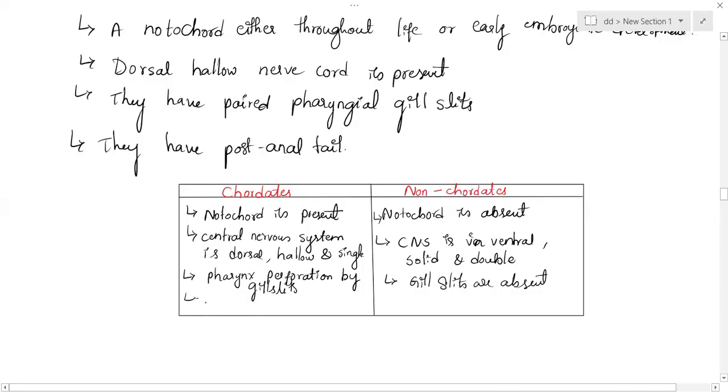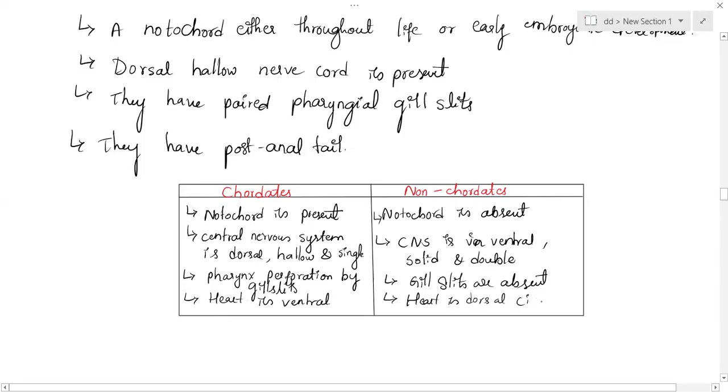Next, here the heart is ventral. Whereas in the non-chordates, the heart is, sorry, on the dorsal surface. Sometimes in non-chordates, the heart could be present in some organisms and absent in others.